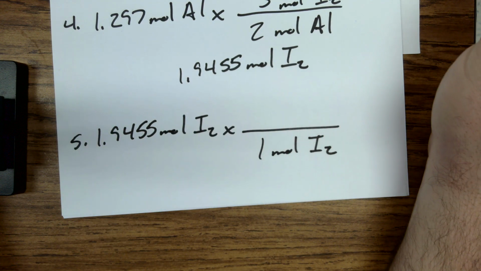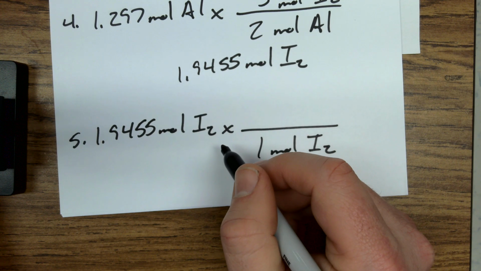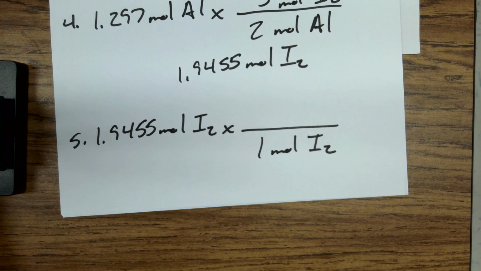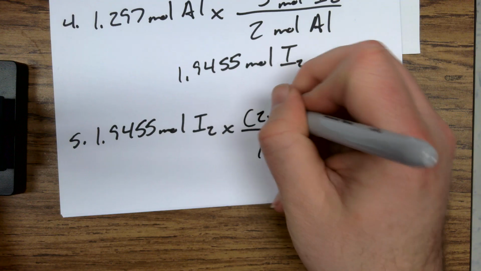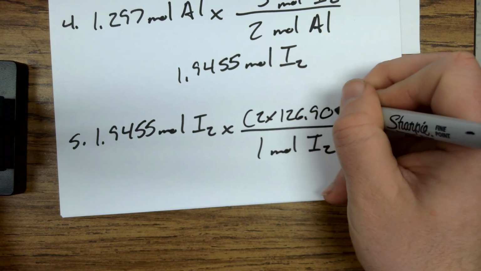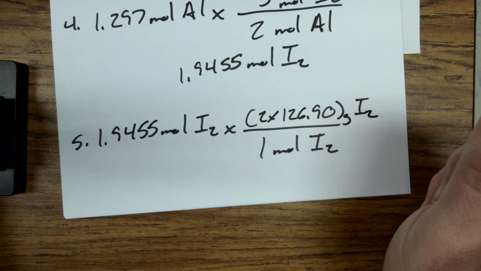What's the molar mass of I2? Because remember, iodine is one of my diatomic elements. I don't find it by itself. So I have to account for both of them being there. What was it? If I look at my periodic table, I'm going to see a weight of 126.90 grams iodine.